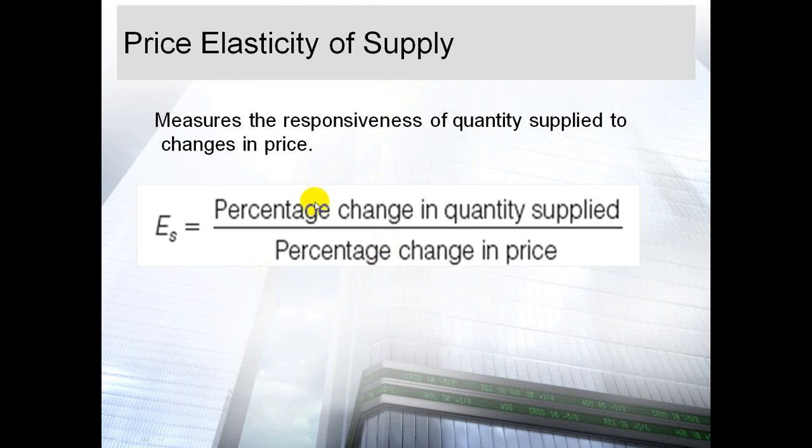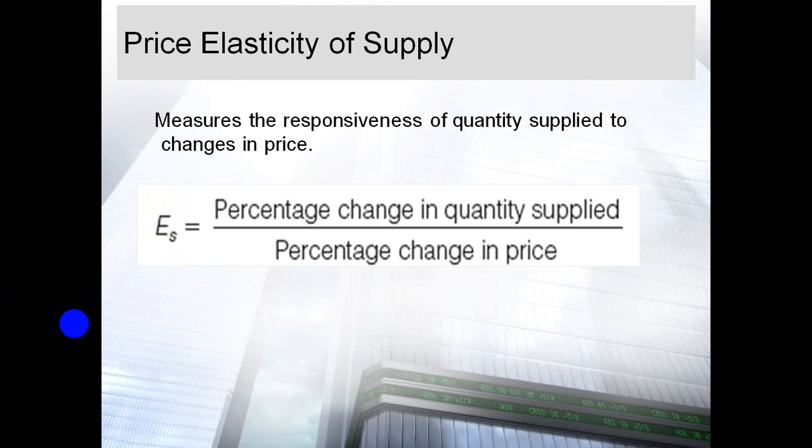In price. So percentage change in quantity supplied over percentage change in price. For the final answer, we compare it with 1 as we did with ED, price elasticity of demand. So if it is greater than 1, it is elastic supply.